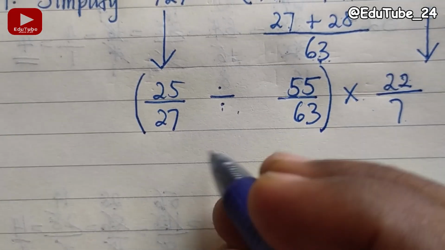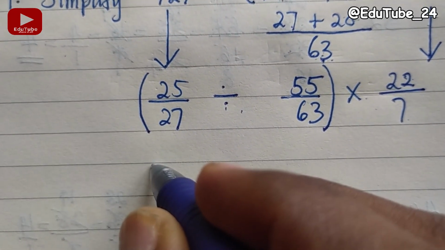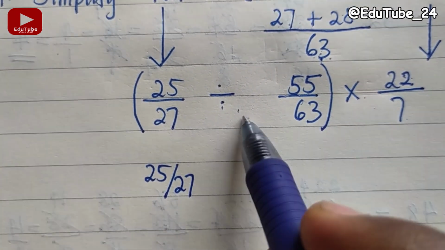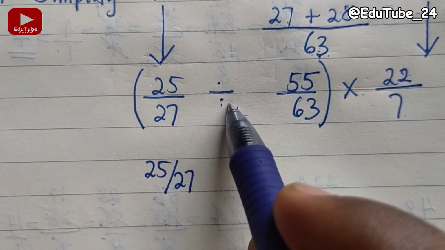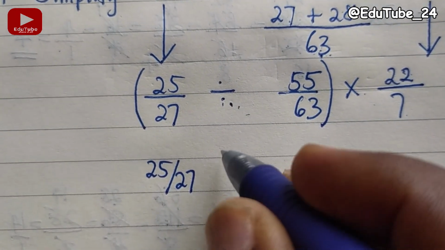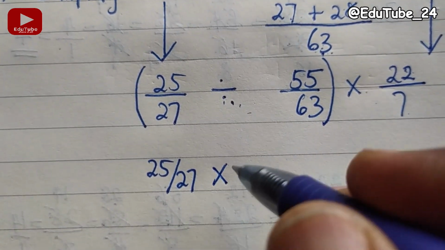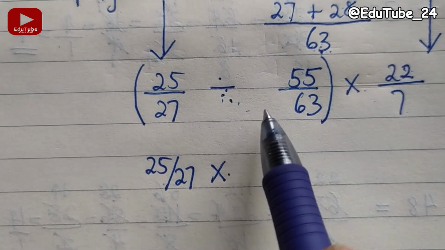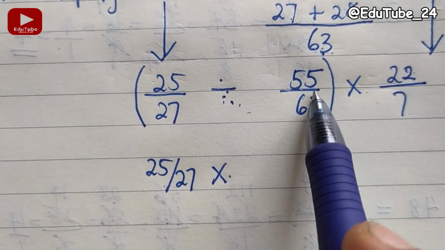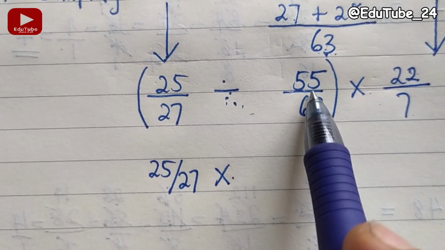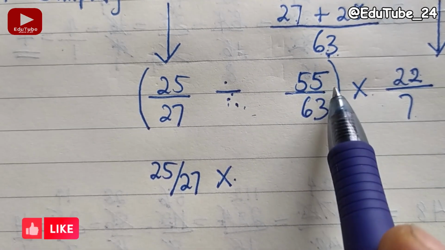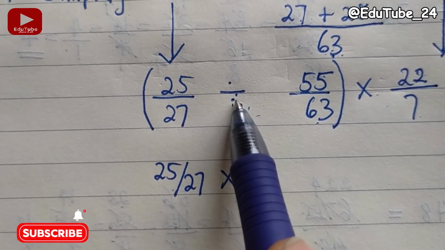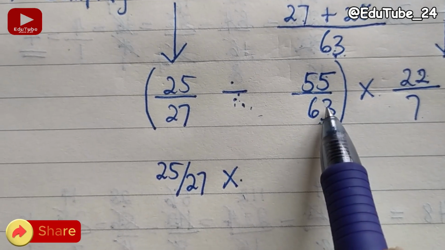Now to solve this division, I'm going to rewrite my fractions, and that will be 25 out of 27. Then this division sign is going to invert into times. The change of the division sign to times will affect the number next to it, which is 55 out of 63.